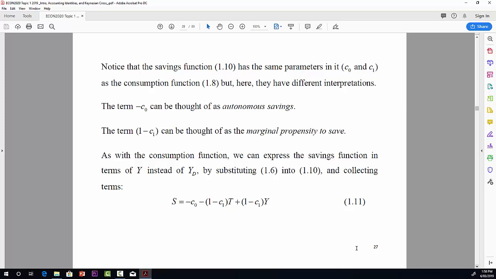So let's do that. And you get this equation here. Savings is equal to minus C0 minus 1 minus C1t plus 1 minus C1 times y. I'm calling that equation 1.11. So I invite you to do that substitution and make sure that that is correct.